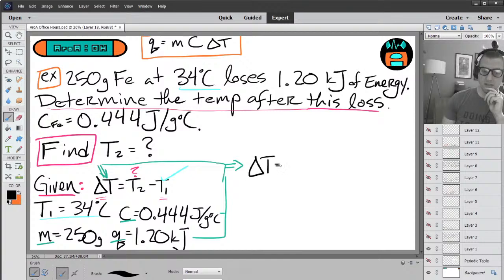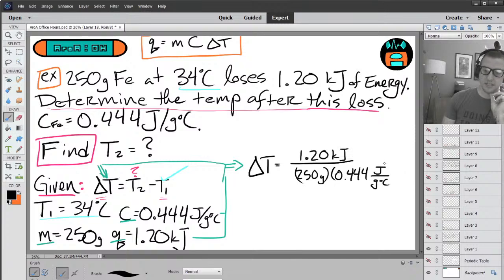Delta T equal to 1.20 kilojoules over mass 250 grams times specific heat capacity, 0.444 joules per gram degree C. I've made two mistakes here.